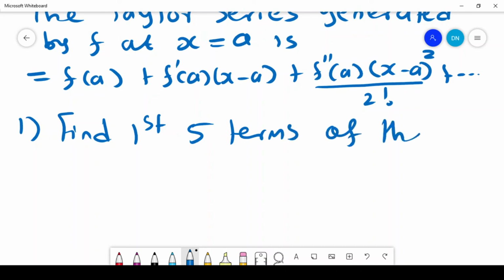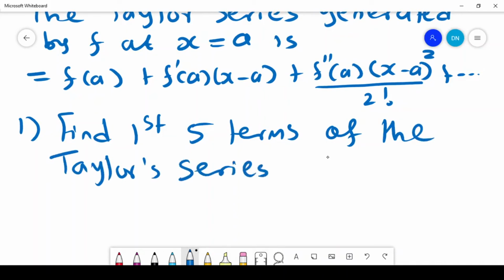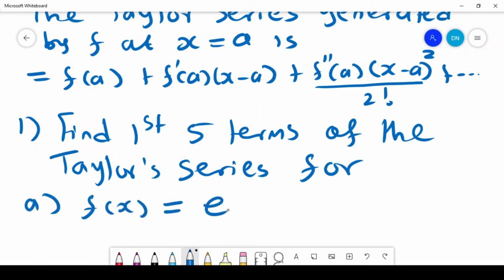of the Taylor series for which variable. So we are going to look at 2. The first one is f of x equals e to the x at a equals 0.